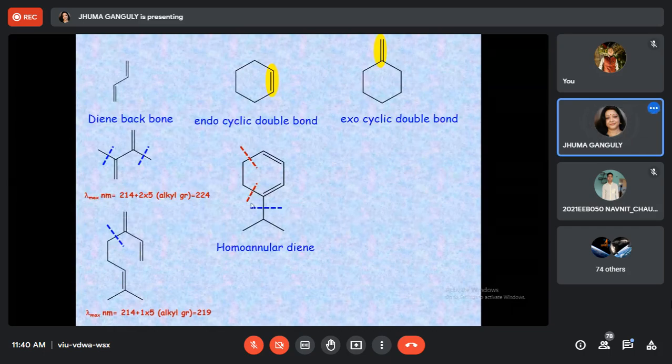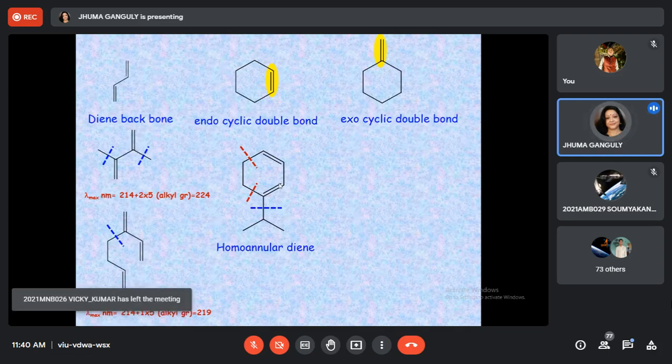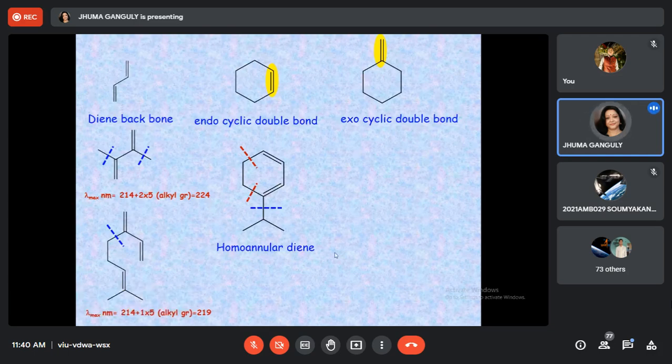Clear to you? Make it clear that homoannular dienes have the cis-butene moiety, not butene itself. A cyclic system having cis pi bonds in conjugation in a cis position is homoannular diene.